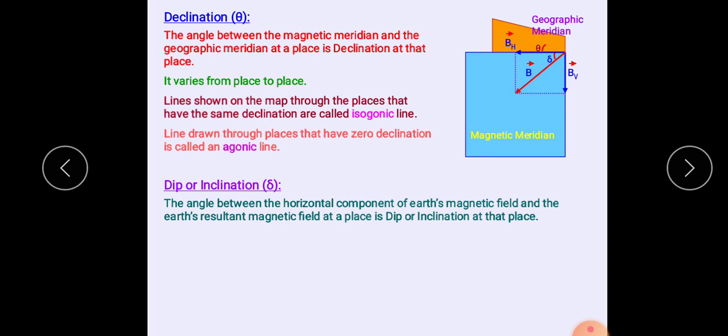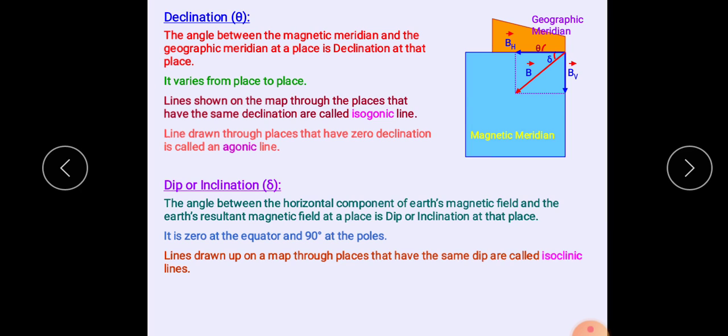The angle between the horizontal component of Earth's magnetic field and the Earth's resultant magnetic field at a place is the dip or inclination at that place. It is 0 at the equator and 90 degrees at the poles.